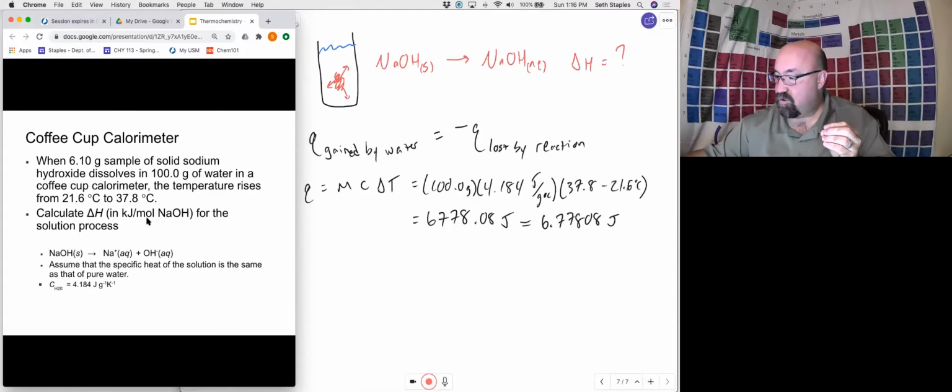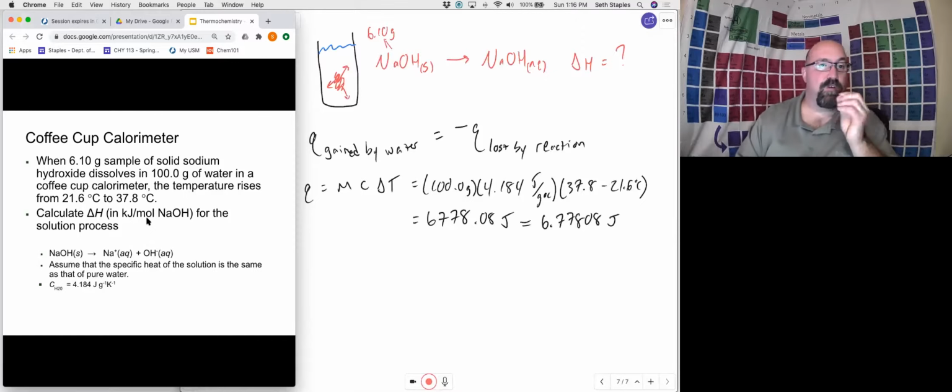The NaOH that we added into this, we know we added in an amount of 6.10 grams. That 6.10 grams resulted in an energy change of 6.77808 kilojoules. So now we just want to convert that 6.10 grams over to moles and then divide our kilojoules by that number of moles.